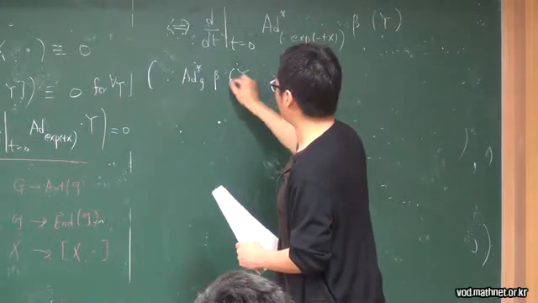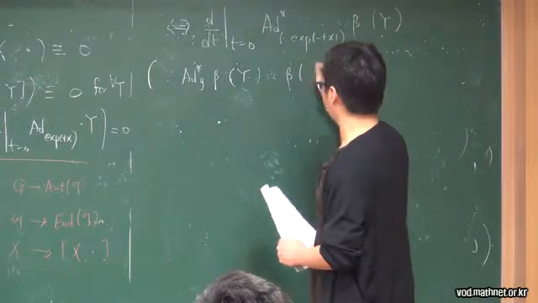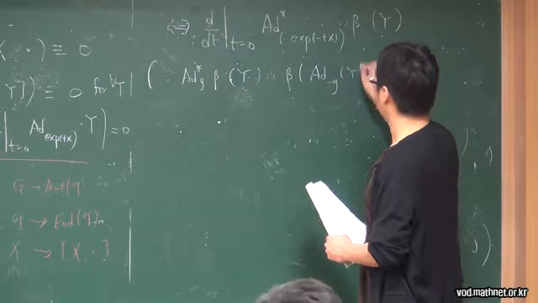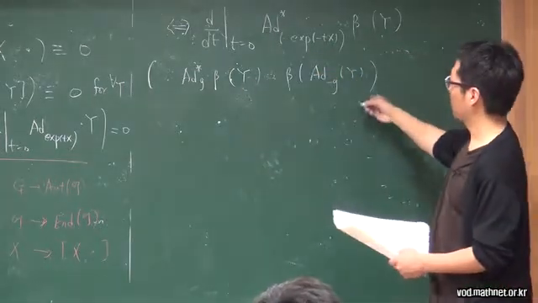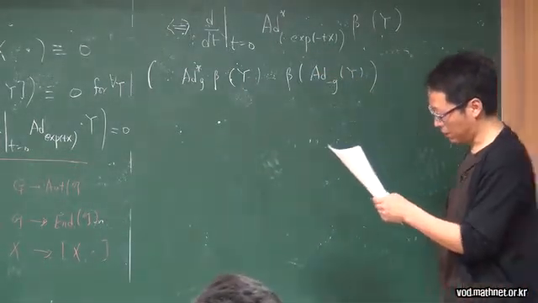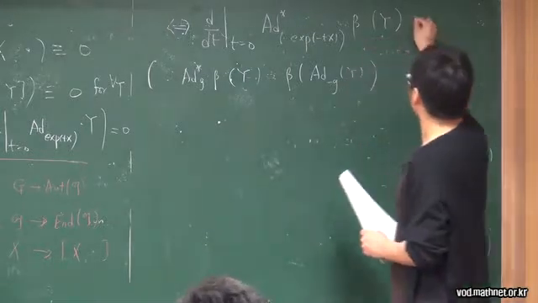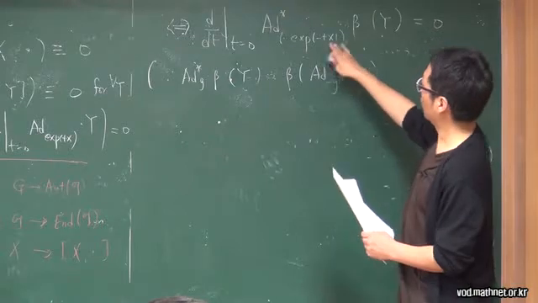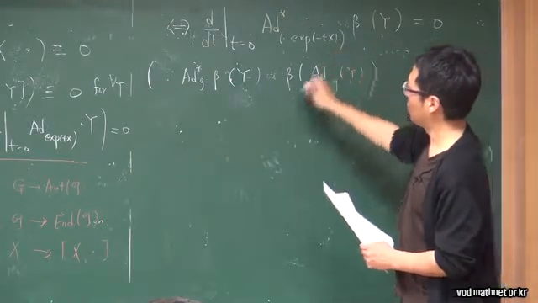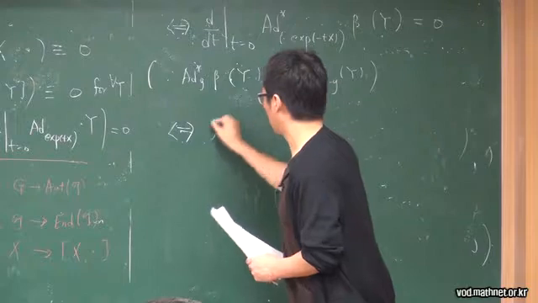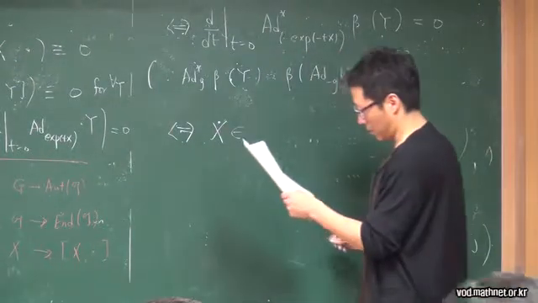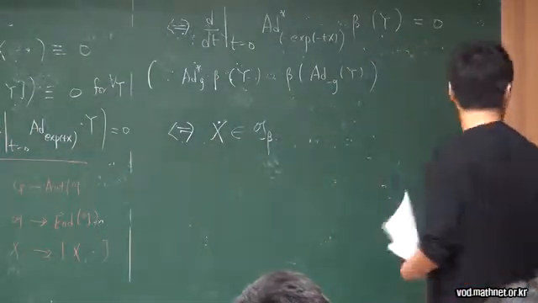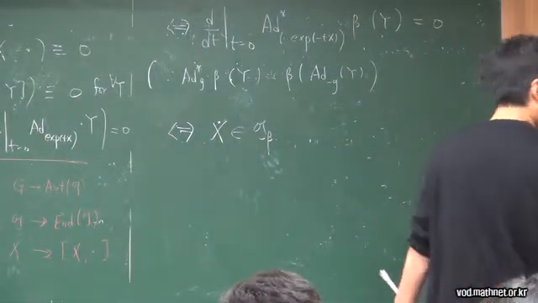So if we compute, it is nothing but the adjoint of minus tX applied to Y. This comes from the definition of the coadjoint action. So it becomes 0, which means that this flow fixes beta. So this implies that X is lying in the stabilizer g beta. So this is the proof of the second statement.